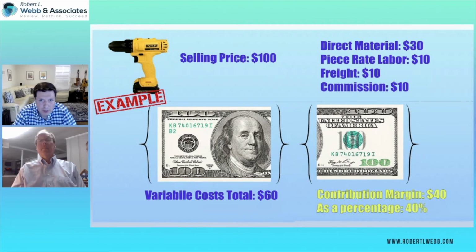So we've got some things up top here. We've got direct material, as you referenced earlier, piece rate labor. Bob, what do you mean by piece rate labor? Well, that would be all of the labor that goes into actually manufacturing and assembling that drill. DeWalt either does it themselves or they have a subcontractor that all the components come together.